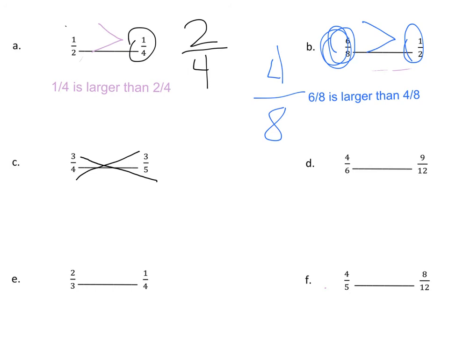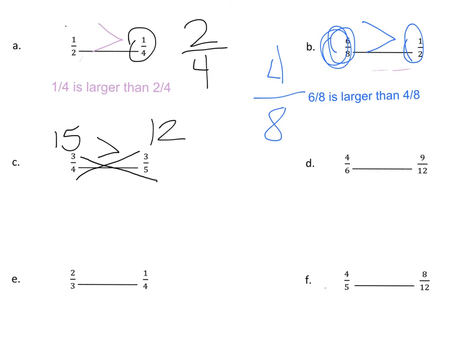So you multiply the 5 times 3, and you get 15. And you multiply the 4 times 3, and you get 12. And then you look at those two numbers and say 15 is larger than 12. Therefore, the left side is larger than the right side. 3/4 is bigger than 3/5.